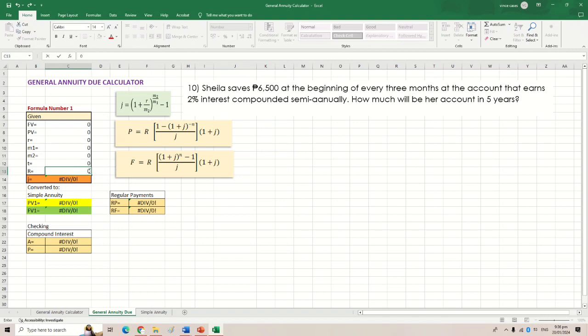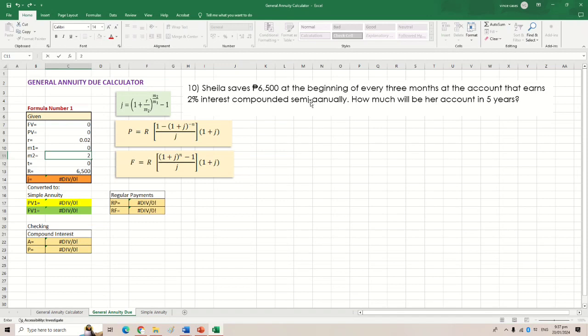Okay, that is the big R, which is the regular payment, 6,500. And the account earns 2%. 2% is 0.02, compounded semi-annually. So our M2 is semi-annually, that's twice a year.